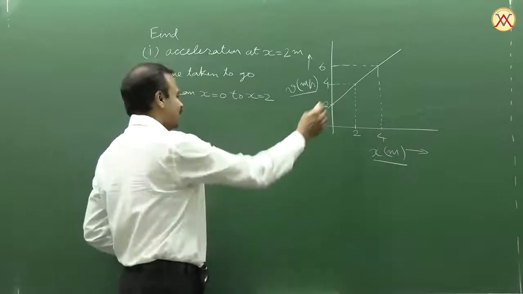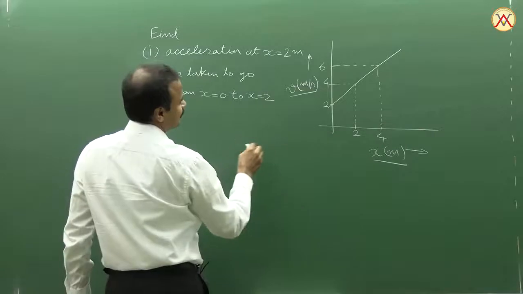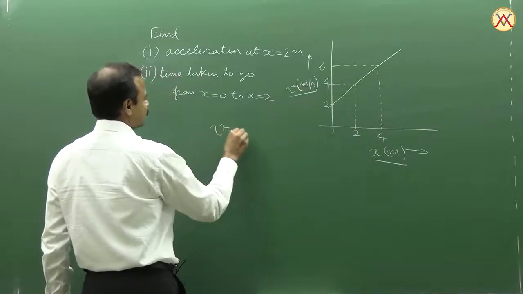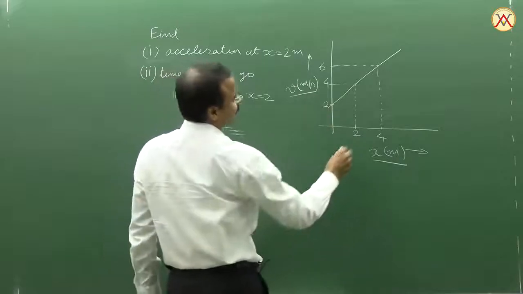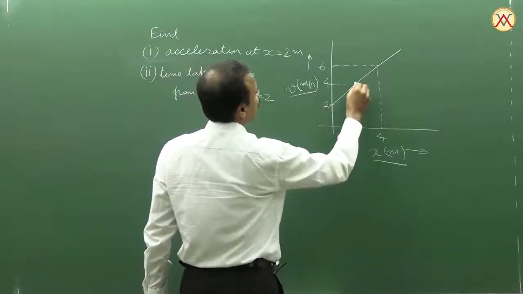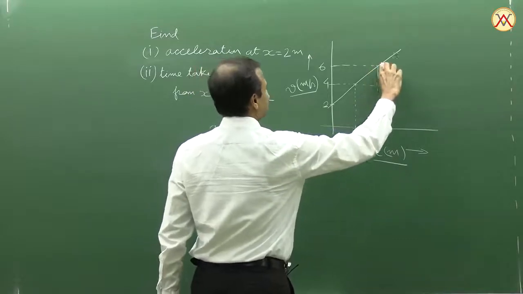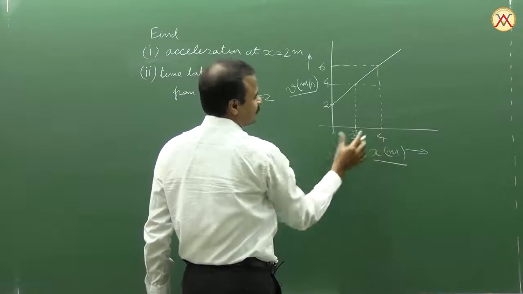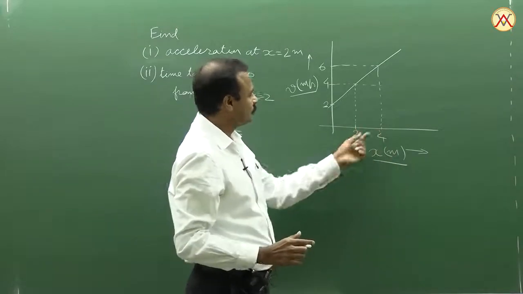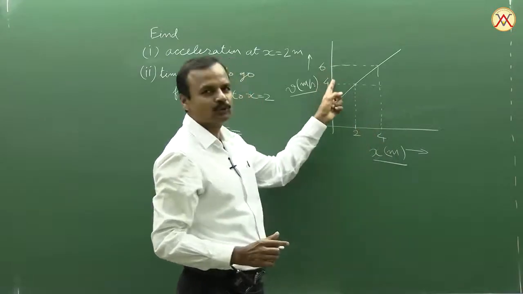It's a straight line graph. We can very easily write this relation. y is equal to mx plus c. What is the slope of this line? You can easily see that the slope of this line is 1, because delta v is 2 and the corresponding delta x is also 2. So if position changes by 2 meters, correspondingly velocity changes by 2 meters per second.